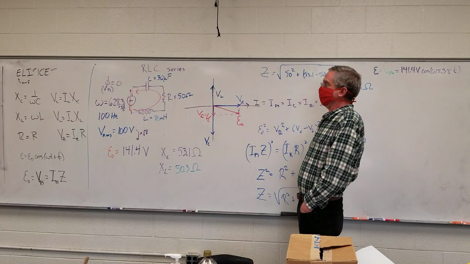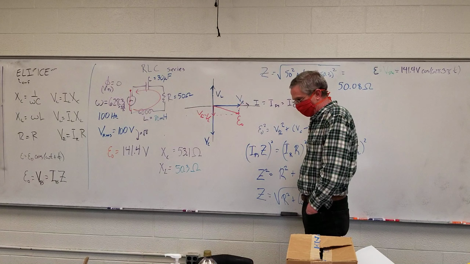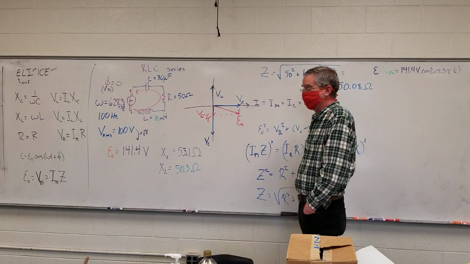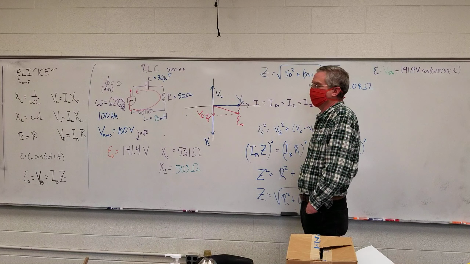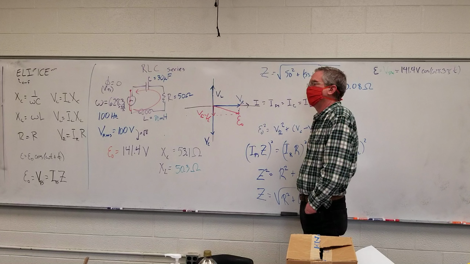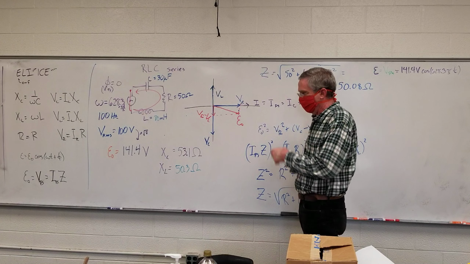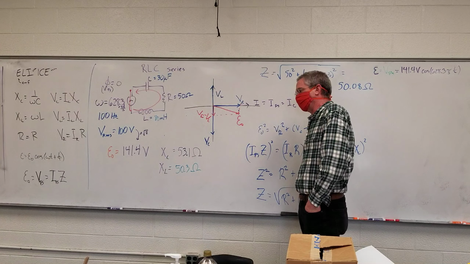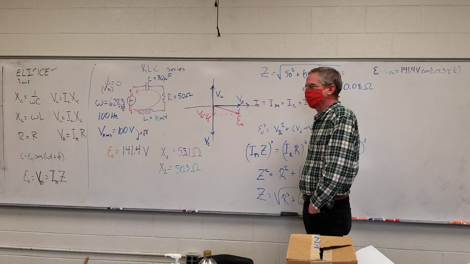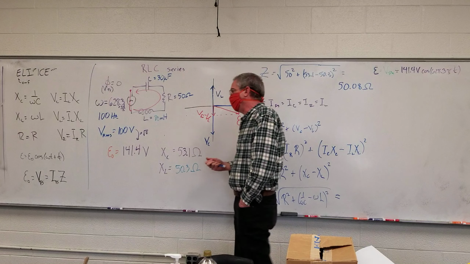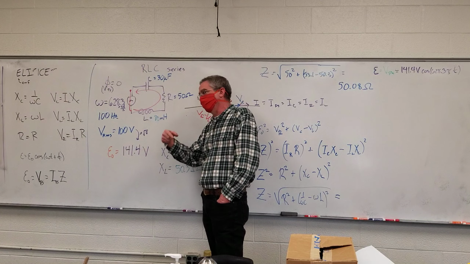I could say the initial voltage of the power supply was at a minimum at time equal to 0. Then you get into an issue of whether a minimum is negative 141.4 volts, or 0 volts. So I probably have to be more specific. Technically, when I said minimum, I was thinking in my head, negative 141 was the initial value.